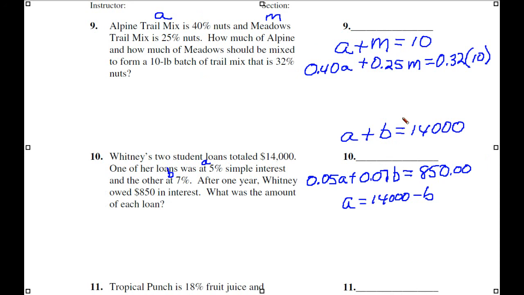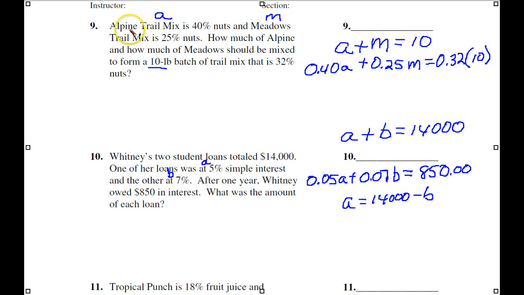Again, they are following in a pattern. Here we have alpine trail mix that I'll call A, meadow trail mix that I'll call M. And we want to get a 10-pound batch. So A plus M equals 10.